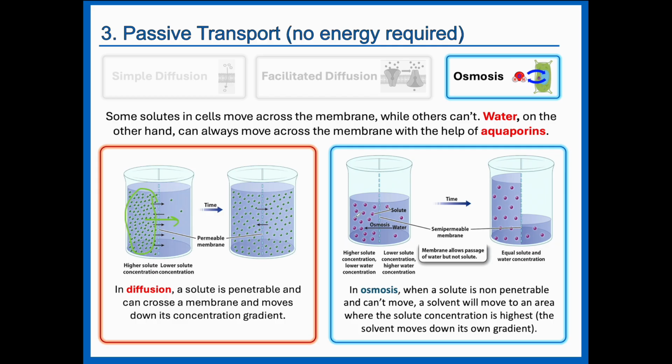So here I have a very high solute concentration, and that would mean that I have a low concentration of water. Here I have a very low concentration of solute, and I have a very high concentration of solvent, of water, right?